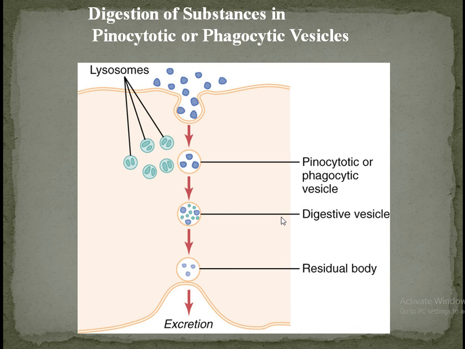Both of these are types of endocytosis. So either the smaller size molecules or the larger size molecules are carried or transported inside the cell. This process is called endocytosis.